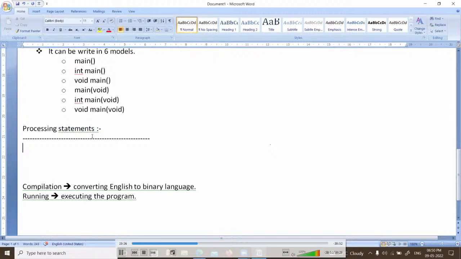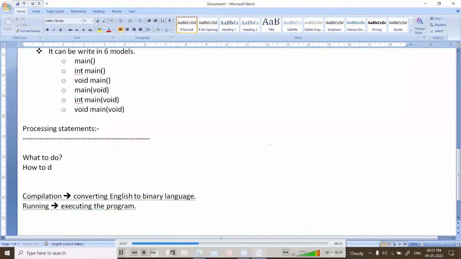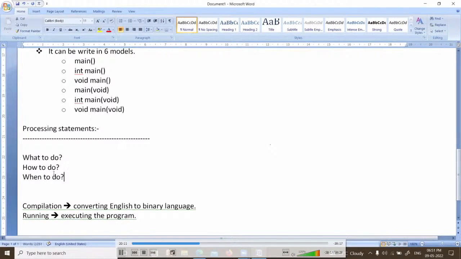These statements tell the compiler what to do, how to do, and when to do. Time is also important, procedure is also important, and what we have to do is also important.